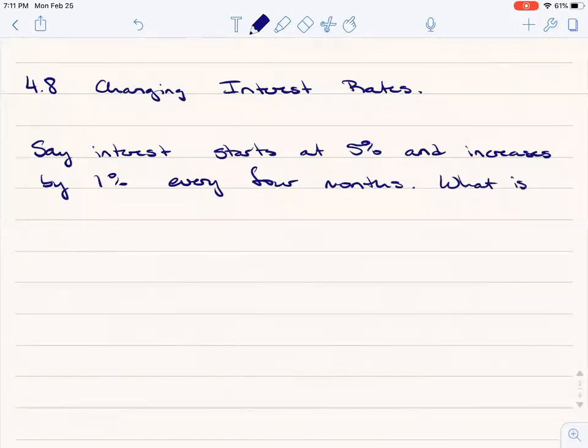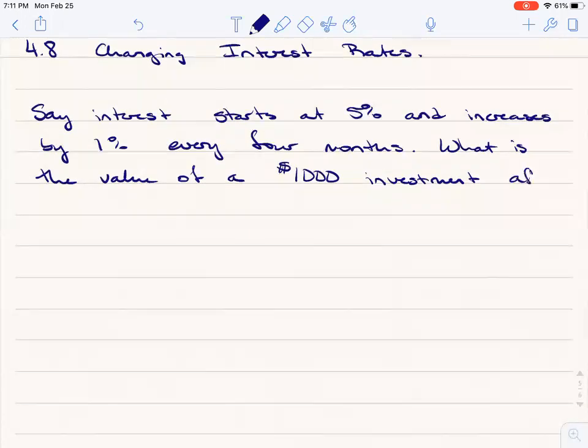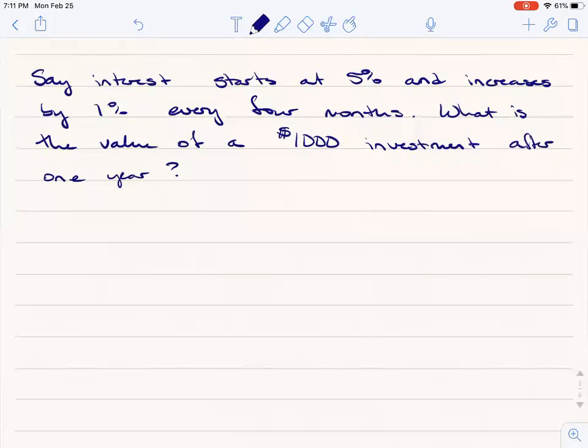What is the value of a $1,000 investment after 1 year? This gets kind of messy if we have to map it out as a timeline, but we'll give it a go.